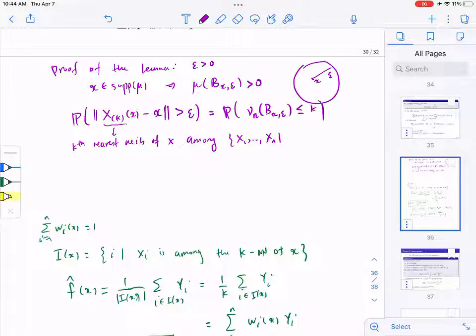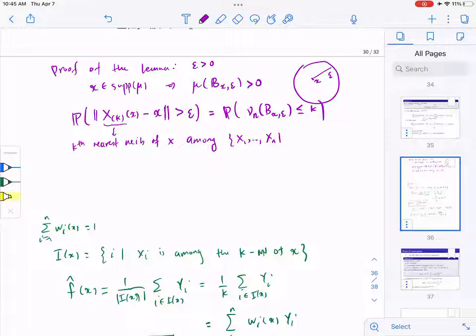So that's the inequality. So this nu n, if you recall, counts how many points there are in the ball of radius epsilon. What I'm saying is that if the k nearest neighbor is outside this ball, the number of points in this ball has to be less than k.